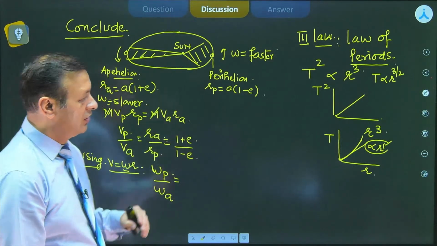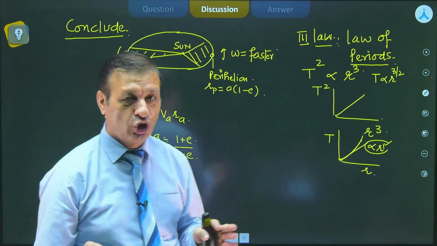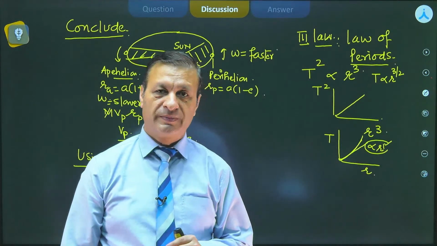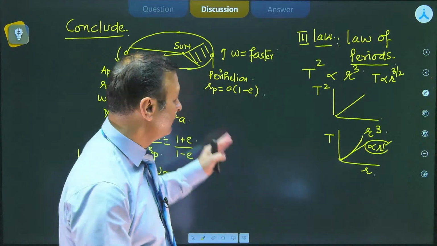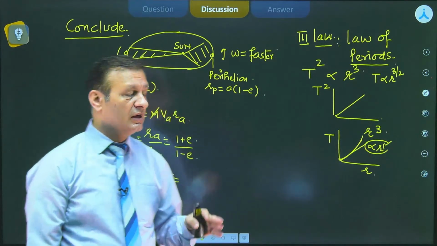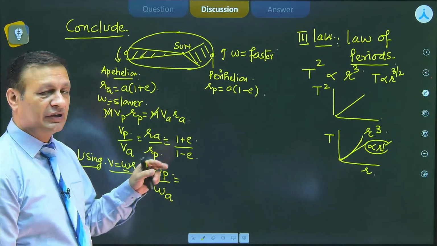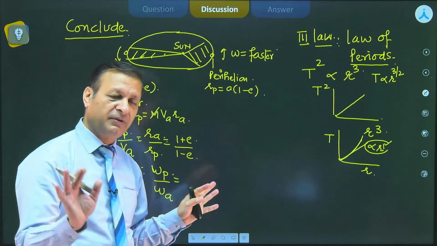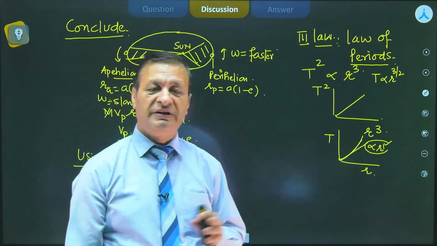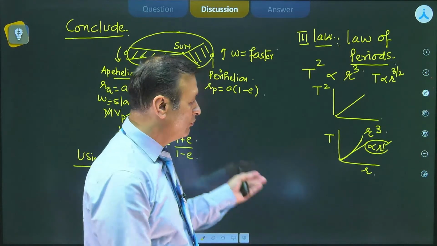So this is all about your Kepler's laws of planetary motion. And this is one of the important areas of your gravitation part. That is why I have taken it and tried to explain it in a bit of detail. Any doubt from this part? If you have any doubt, please come forward, clear your doubt, then we'll move forward.